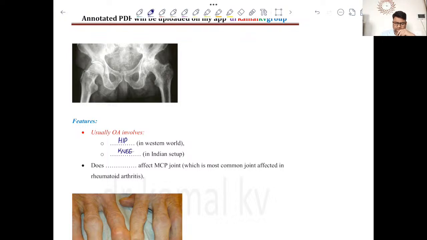Now hip osteoarthritis is commonly seen in the Western world, but in our Indian setup we see osteoarthritis of the knee joint very commonly, right?